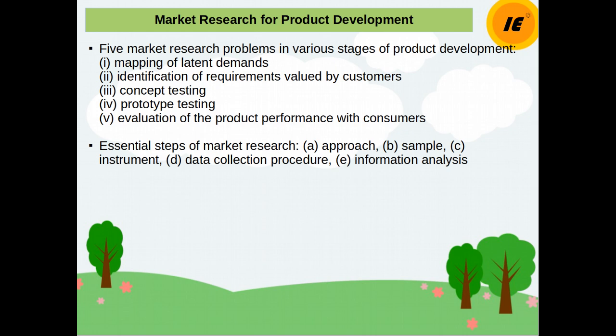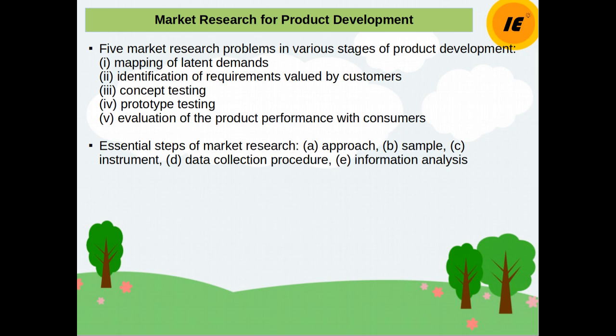Third is the instrument, that means in more detail, not how to collect data, but something like survey questions and how you structure them. Fourth is the data collection procedure, and the final is how you analyze the research data of the market research, and draw a conclusion or gain some insight from it.